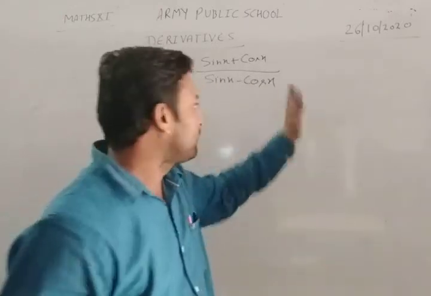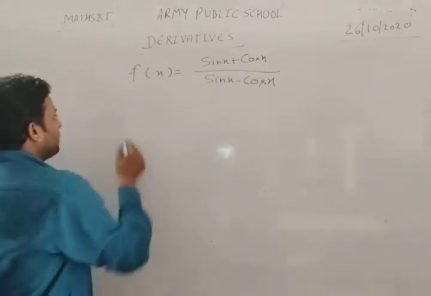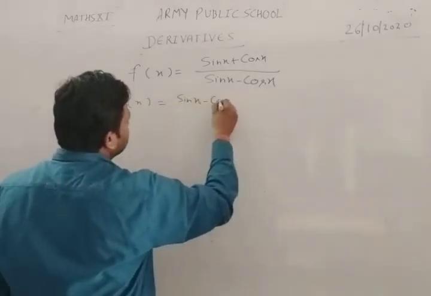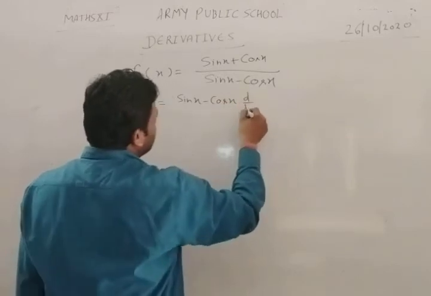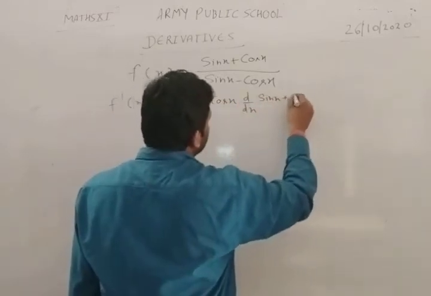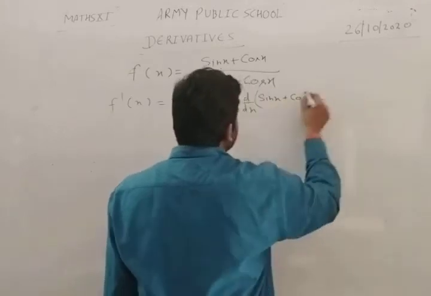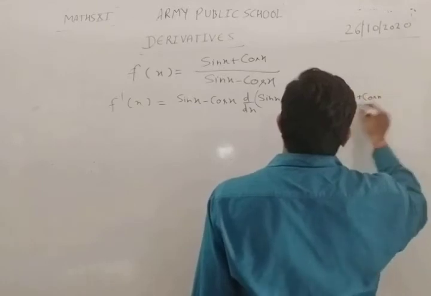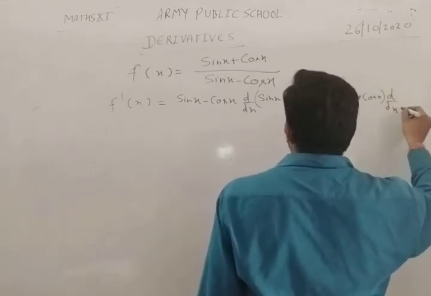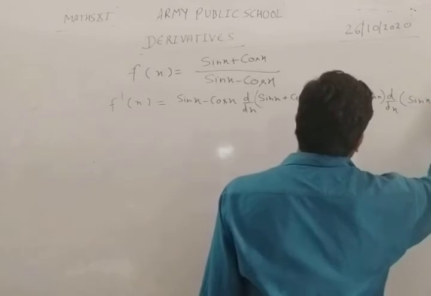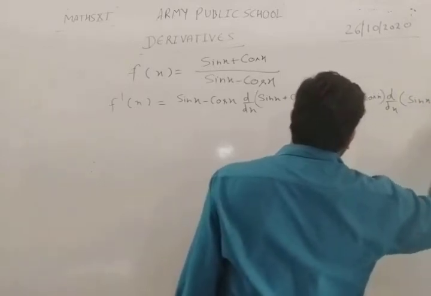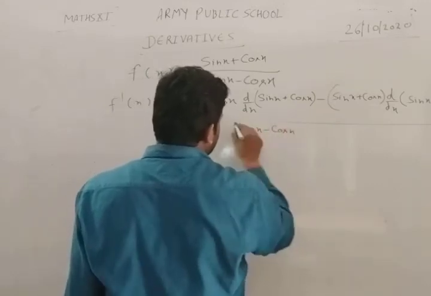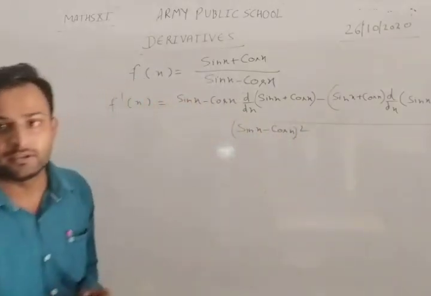Again, this is of type n by d, so we apply the quotient rule. f dash x is equal to d times the differentiation of n, minus n times the differentiation of d, and divided by sin x minus cos x whole square.